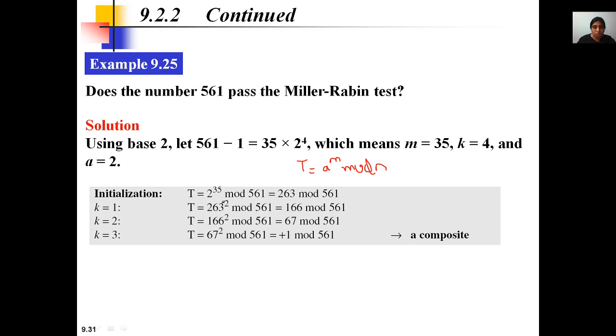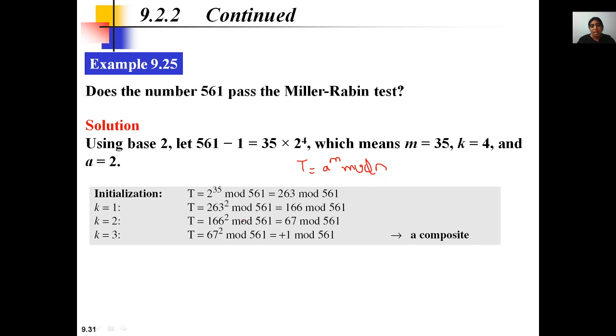Now we are going to write 263 mod 561. Then we again reduce the values, and we have got the value as plus 1.